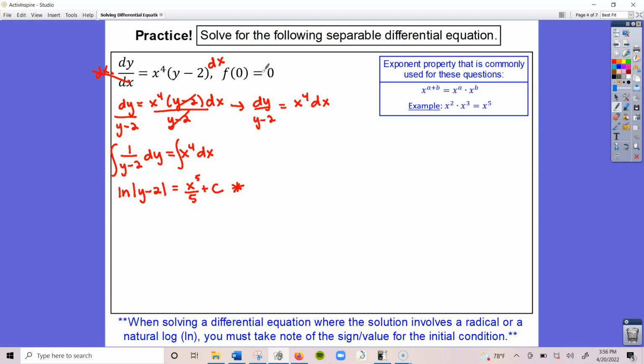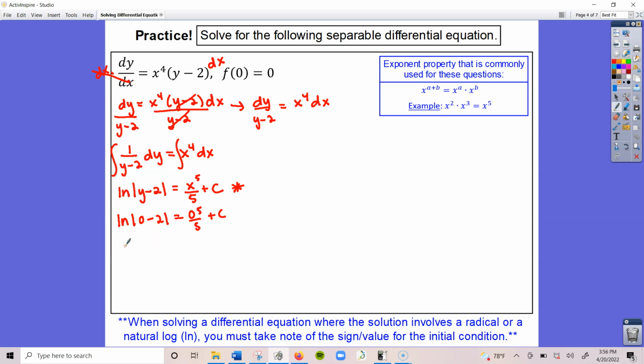I am going to now plug in my initial condition. Just like we do with the other ones, before we solve for y, it's easier if we solve for c. So I'm going to plug in the 0. The ln of the absolute value of 0 minus 2 is equal to 0 to the fifth over 5 plus c. 0 minus 2 is negative 2.